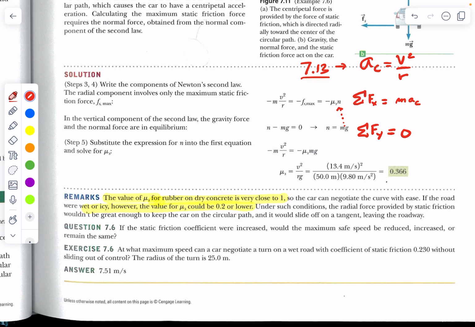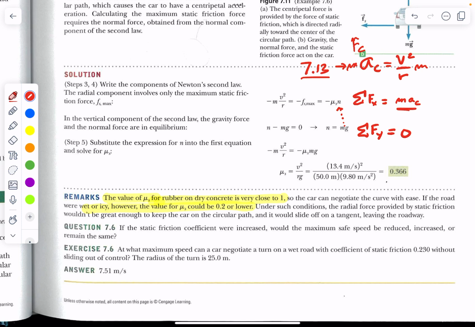If I multiply both sides by m, you recall, again we get centripetal force equals v squared over r times m. And that centripetal force is the unbalanced force causing the centripetal acceleration.